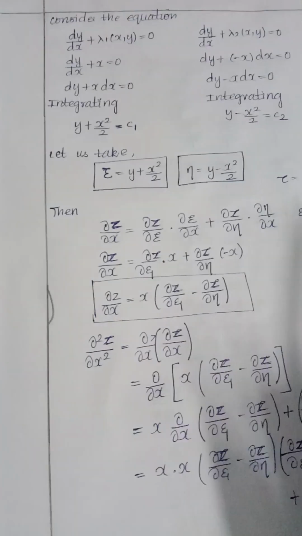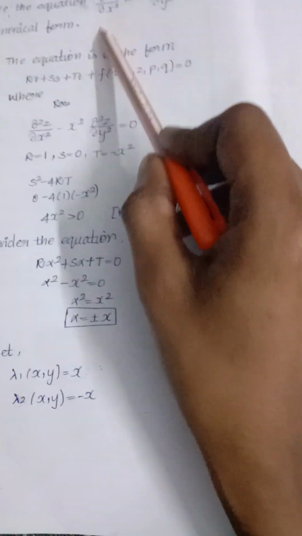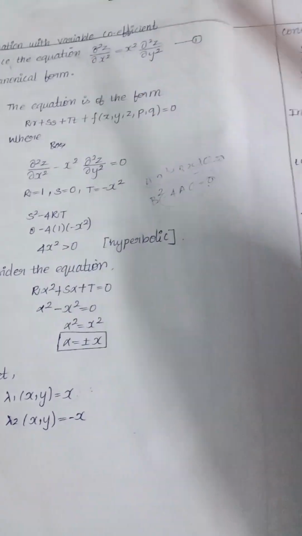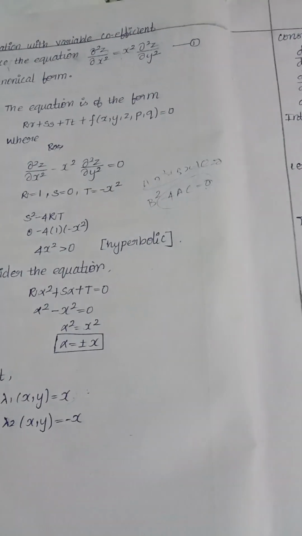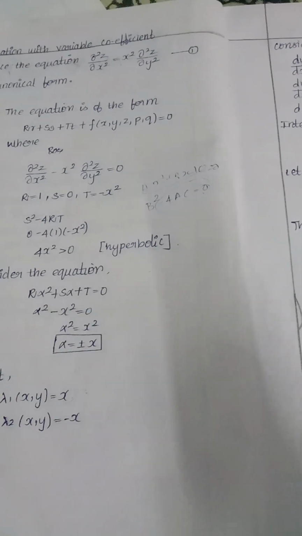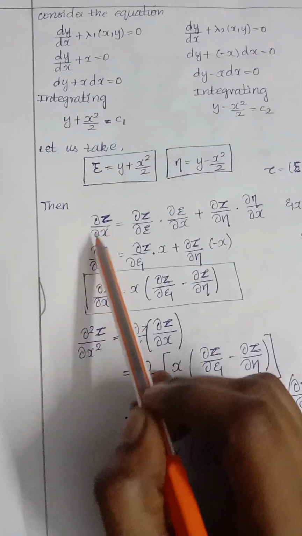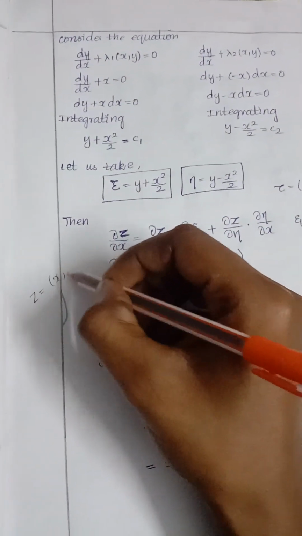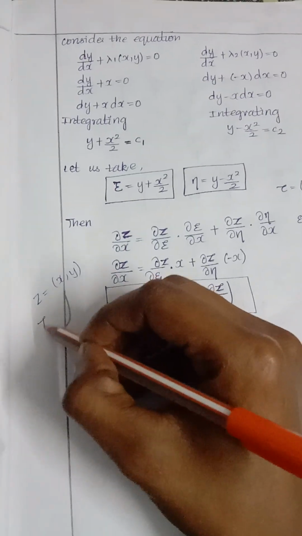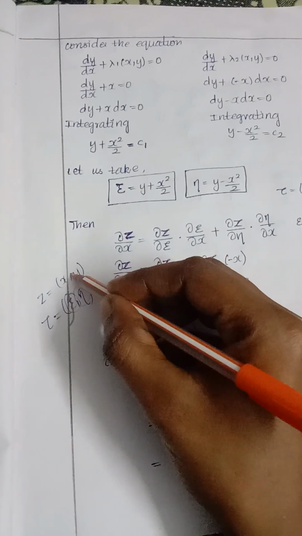What we do now is substitute into the above equations. Instead of ∂²z/∂x², we have to substitute the equations in the form of ξ and η. For the canonical form, it must be changed into another form. Here z belongs to x and y, and z is with respect to ξ and η, and ξ and η are with respect to x and y.